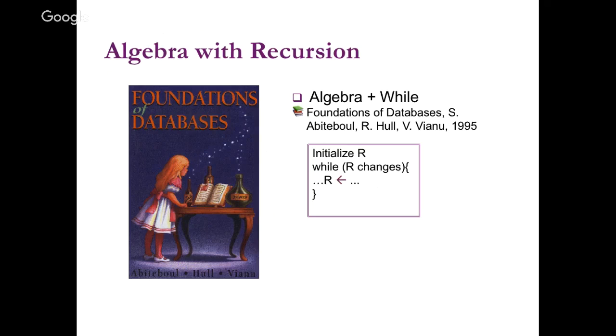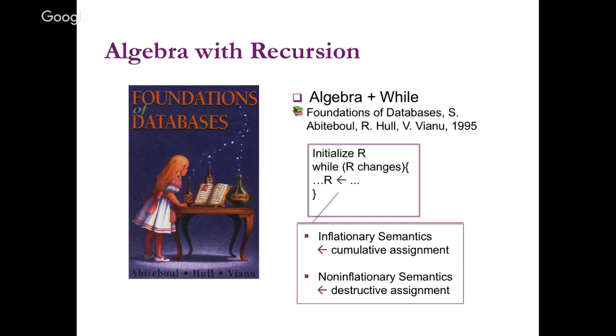In addition, we also need a control structure. Here we use the algebra plus while semantics. R is reassigned by evaluating the relational algebra expression. The looping will terminate when R becomes stable. There are two semantics of the assignment here. One is cumulative assignment, which corresponds to the union all.